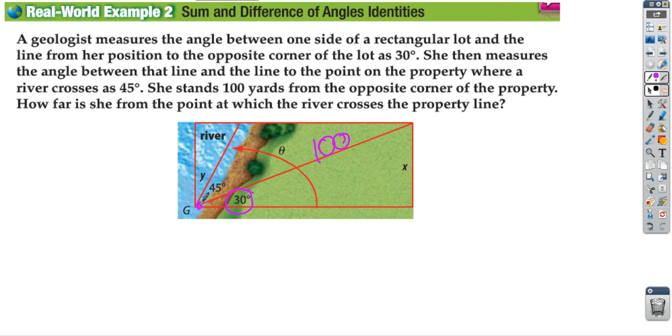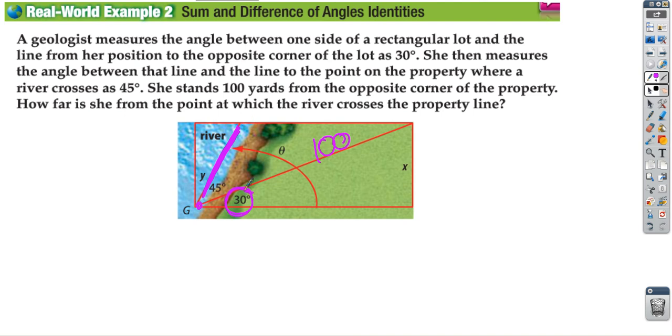So it's not clear what they're labeling as y right there. But my guess is y is going to be this distance right here. That's the y. That's the distance that we presumably want to know. If not, we'll correct that. All right, so let's think about this. Well, first of all, this is a rectangle, and rectangles have 90-degree corners.